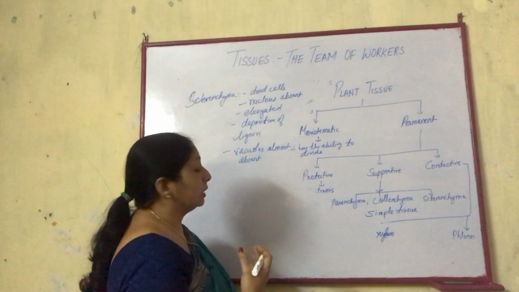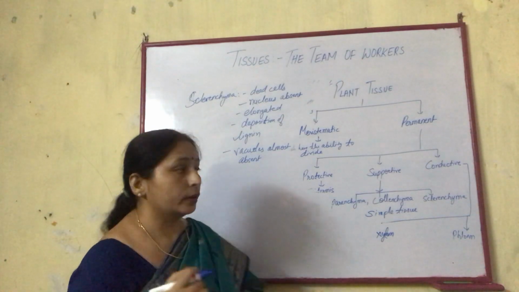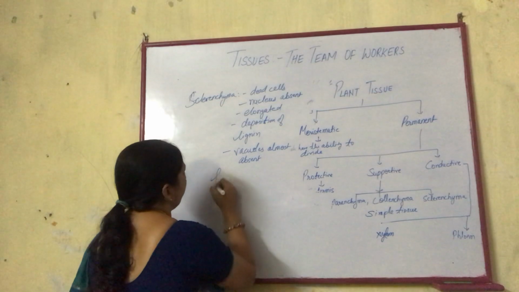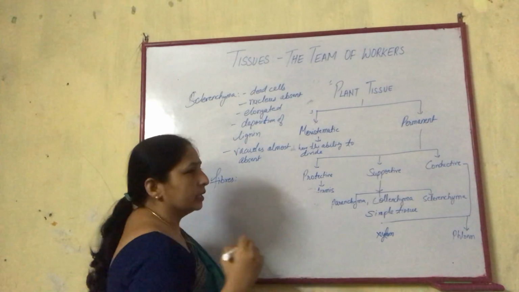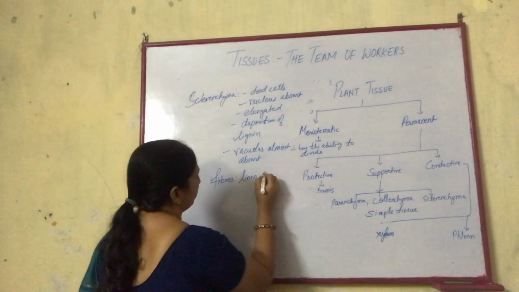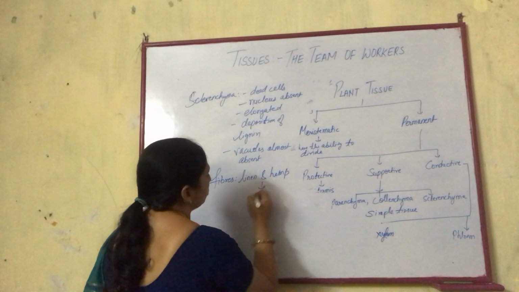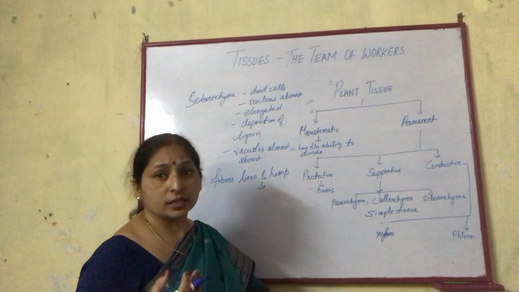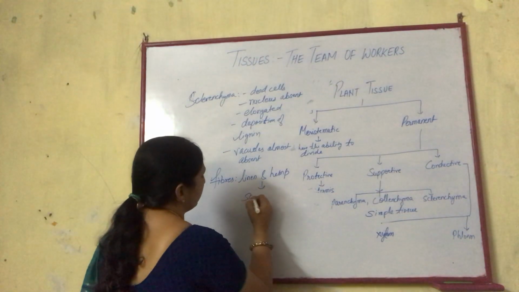They are present in areas where mechanical strength is required, basically the fibers like linen and hemp, which are used to make rope, mats and certain textiles. They are made up of sclerenchymatous cells.